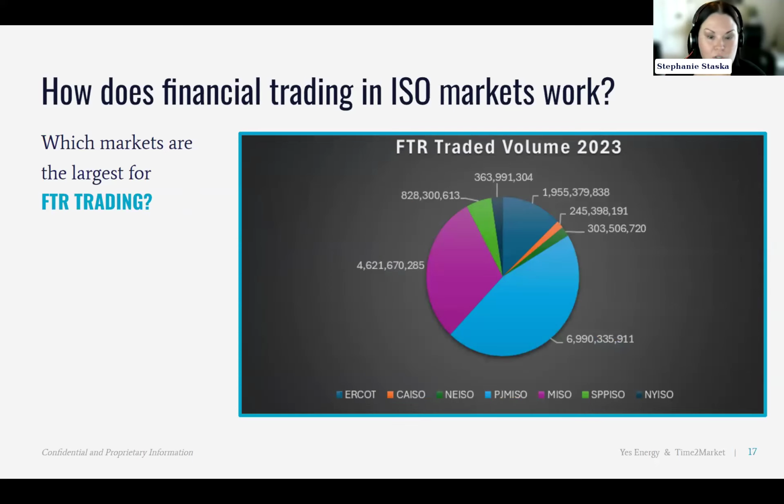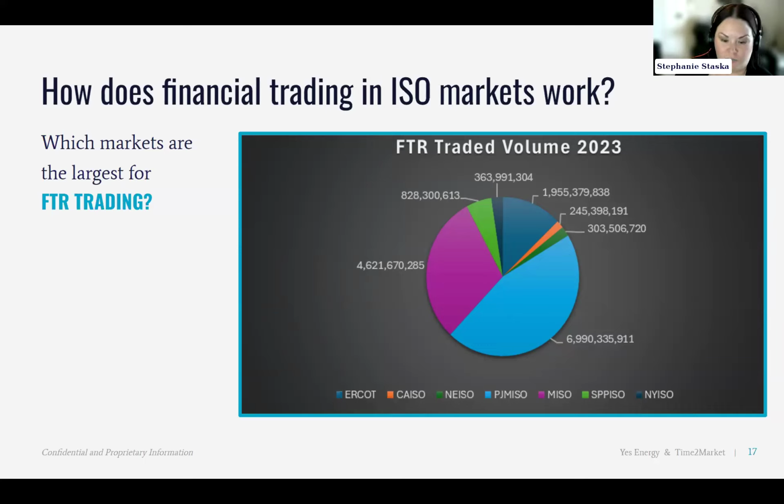So lastly, I want to look at FTRs. You'll remember from the last few slides that the top ends of our volume was around a billion total megawatt hours for spreads and 300 million for virtuals. Now you can see we have about 7 billion megawatt hours that were traded in 2023 for FTRs just in PJM.